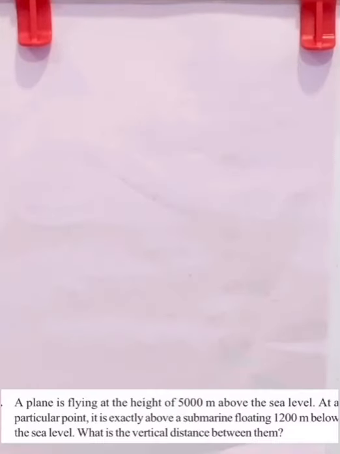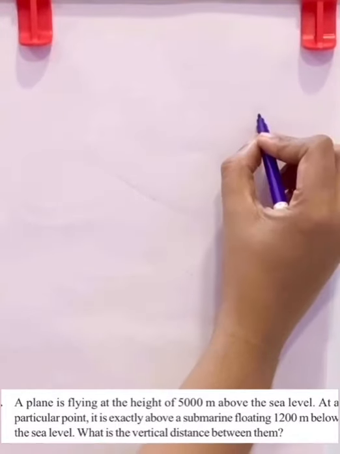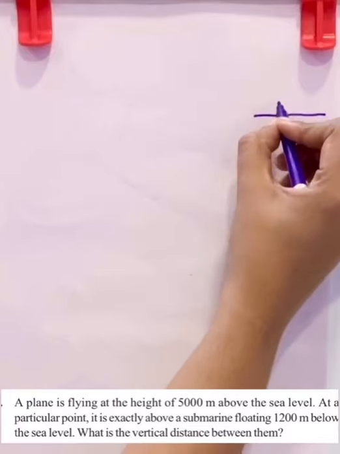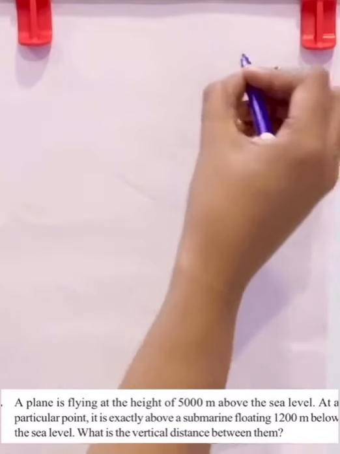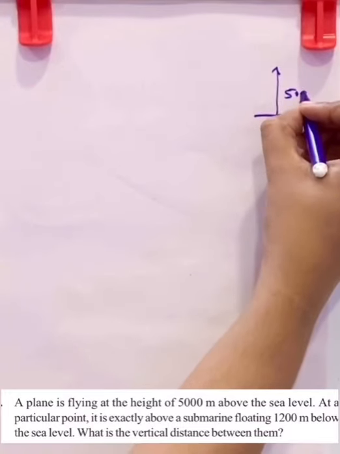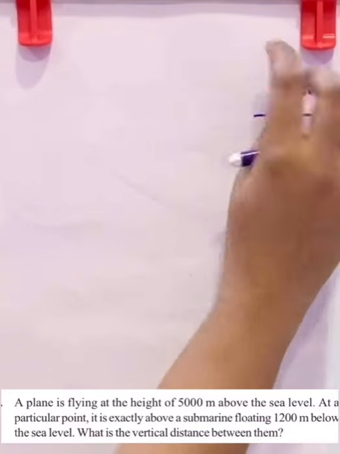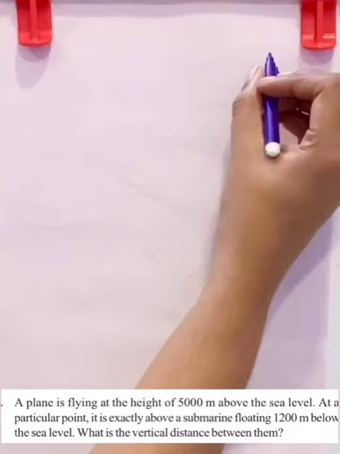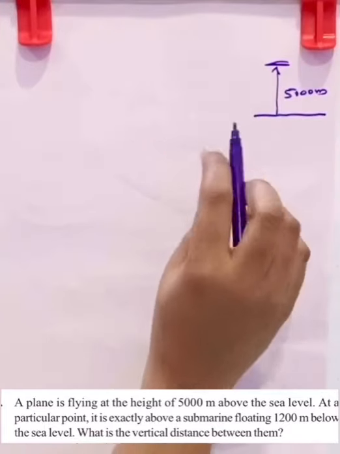Now the next question. A plane is flying at a height of 5,000 meters above the sea level. If this is the sea level, the plane is flying 5,000 meters above it. Here is the plane.